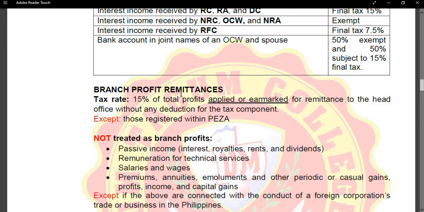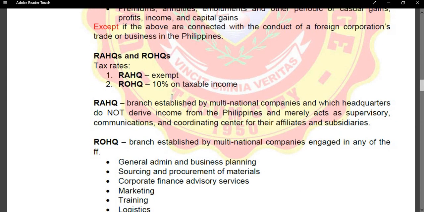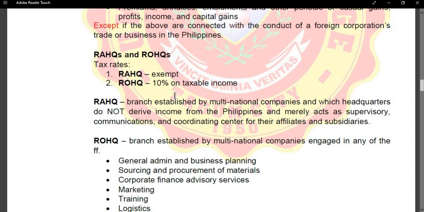Now, regional area headquarters or RAHQs and ROHQs, what are their tax rates? For RAHQs, they are exempt from paying income tax, while regional operating headquarters pay 10% on taxable income.